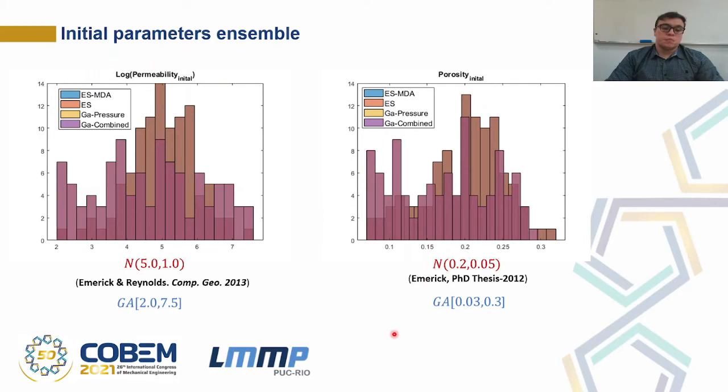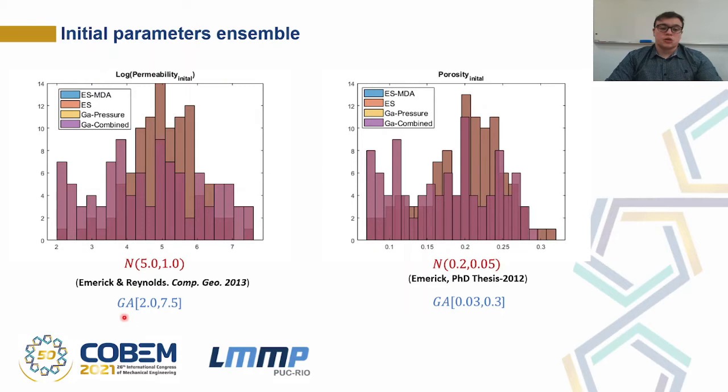Instead of sampling the permeability value directly, we use the log transformation to reduce the amplitude of the permeability values and give the Gaussian format that is required for the ensemble smoother and the ensemble smoother with multiple data assimilation. So we use a normal distribution with mean 5 and a standard deviation of 1 to generate the log permeability for both ensemble methods.